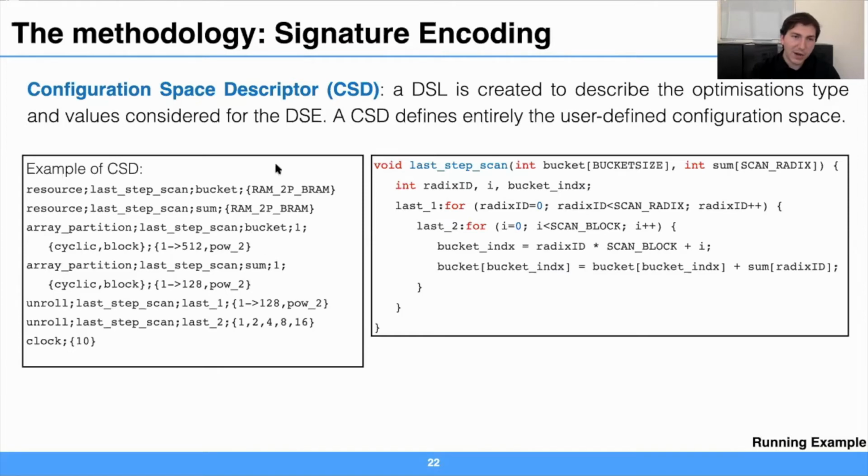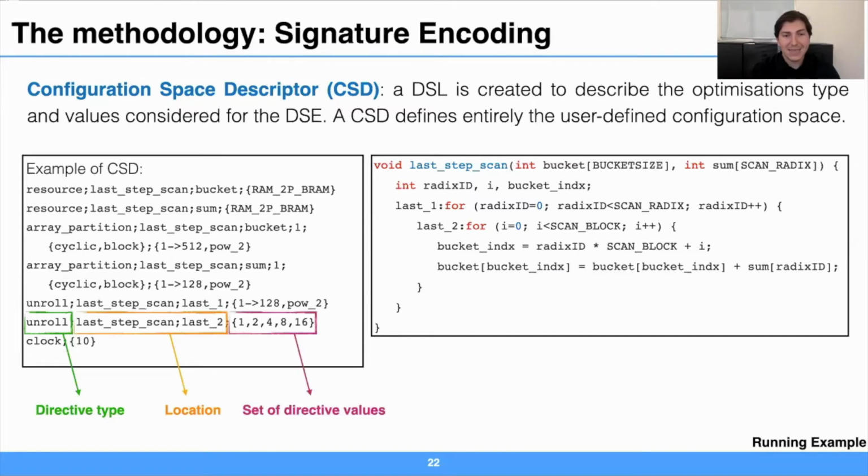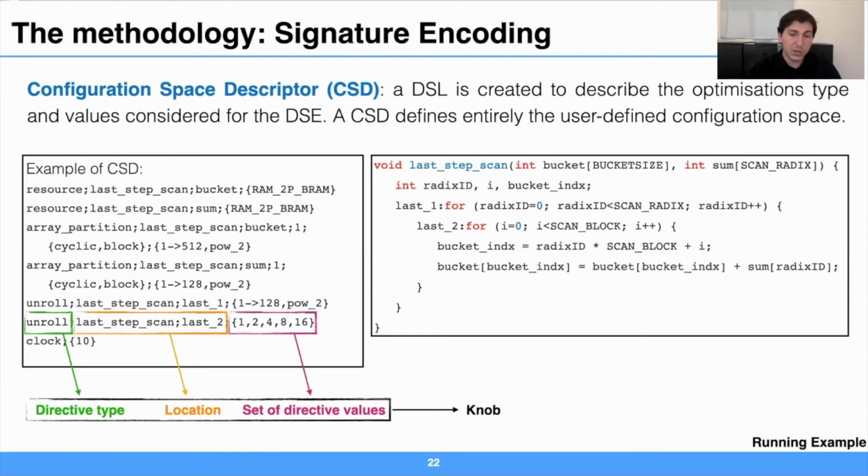In fact, for each line our configuration space descriptor defines a directive type, a location for the directive that we want to apply, and a set of directive values. The tuple of those three elements is a knob, and the knob is an important element in our methodology, because it will be used in order to evaluate the similarity across different applications.